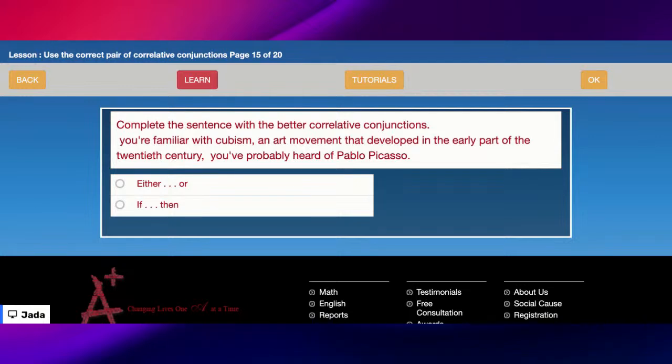Dash, you have probably heard of Pablo Picasso. So if you're familiar with cubism, now it's either this one or this one. So it's if you're familiar with cubism, dash, then you have probably heard of Pablo Picasso.